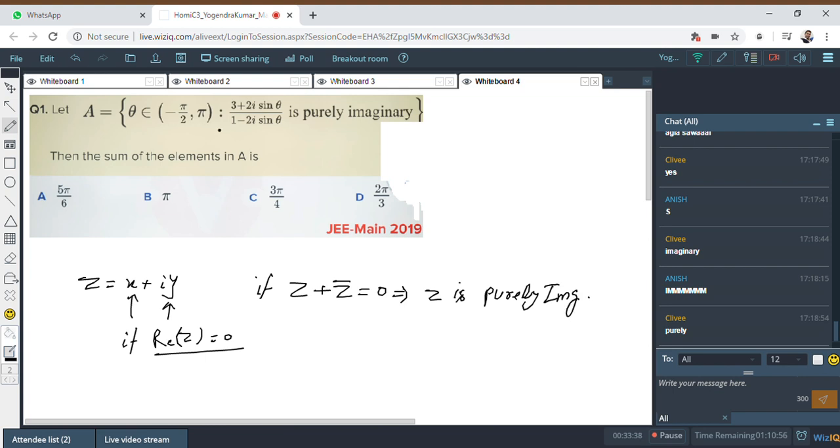Do this question now. Again, a JEE Mains 2019 question. And see here, trigonometry will also be used. You need to basically use this property. I already gave you the hint. This property is what we are going to use and solve for theta.